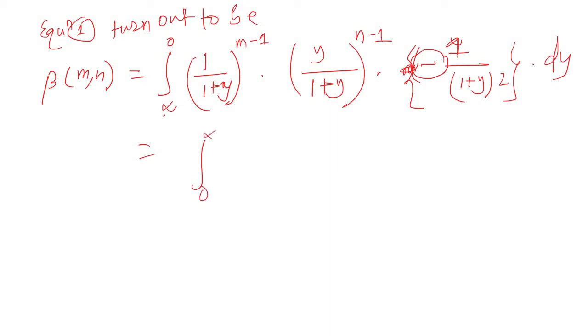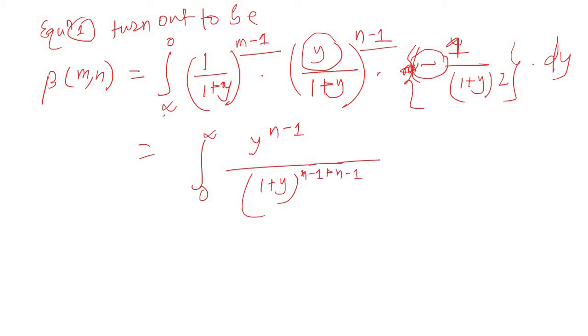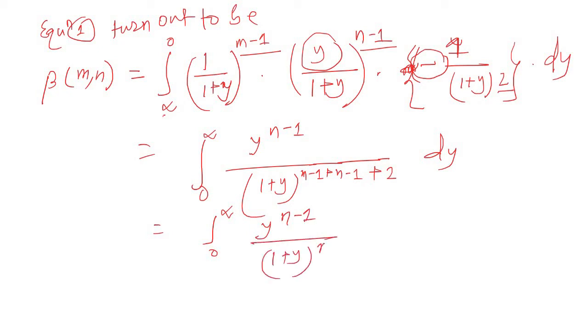So the integral from 0 to infinity of y to the power n minus 1 over (1 plus y) to the power m minus 1 plus n minus 1 plus 2 dy equals the integral from 0 to infinity of y to the power n minus 1 over (1 plus y) to the power m plus n dy.